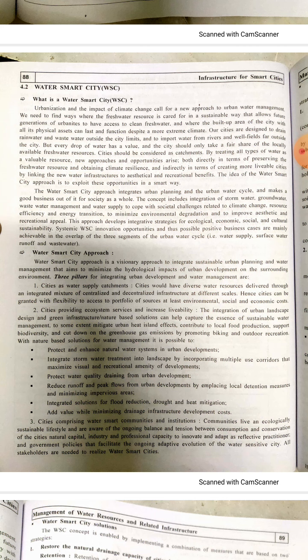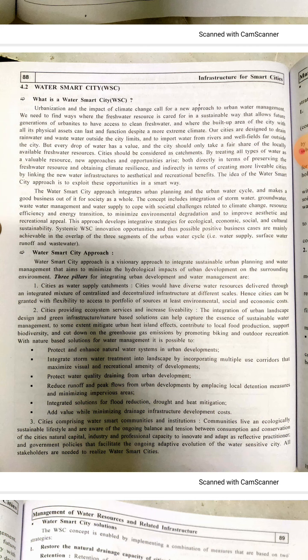And we protect the water quality draining from the urban development and reduce the runoff peak flow from the urban development by implementing local measures and minimizing the impervious area, and add value while minimizing the drainage infrastructure development cost.